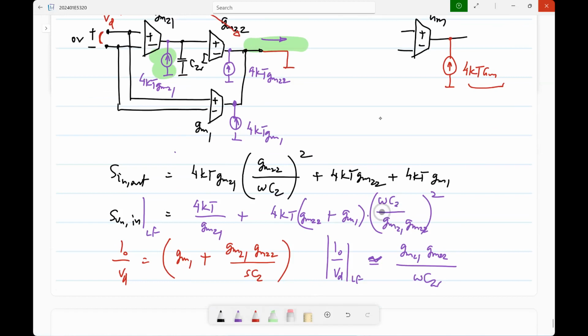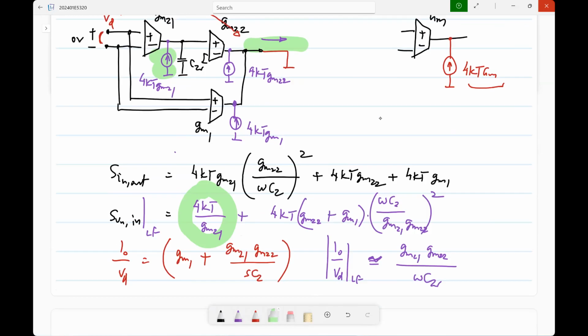Because as omega comes to 0, this will get multiplied by 0, whereas this one will always be there. Okay. So, at very low frequencies, the noise tends to be dominated by gm21. Okay. So, this means that although you can change the zero Z1 by tweaking gm21 or the capacitor or gm22, probably better not to touch gm21, or rather gm21 should be determined by your noise specification. Okay. Is this clear?